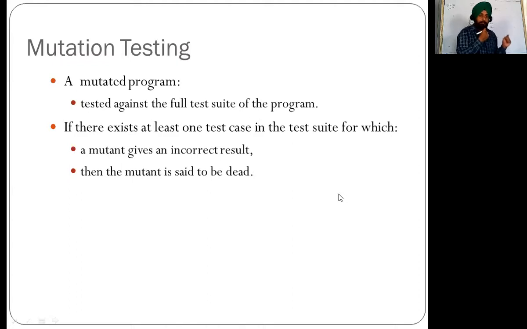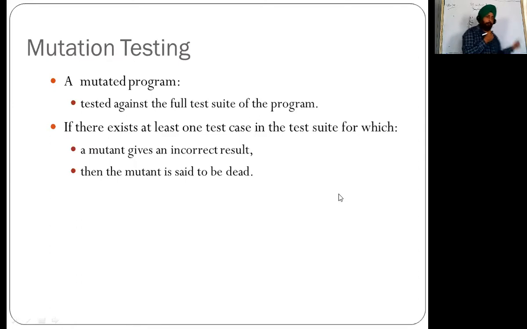If there exists one test case in the test suite for which a mutant gives an incorrect result, then the mutant is said to be dead. You want your test suite to generate an error, since earlier it was right but you have made some change. If it generates an error, then your mutant is dead. You have identified that change, so your test suite is right.